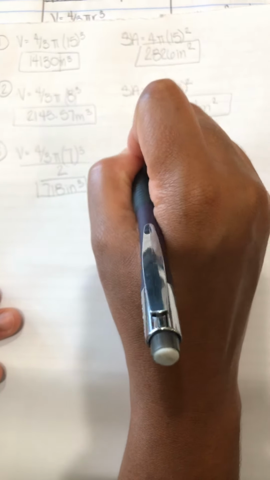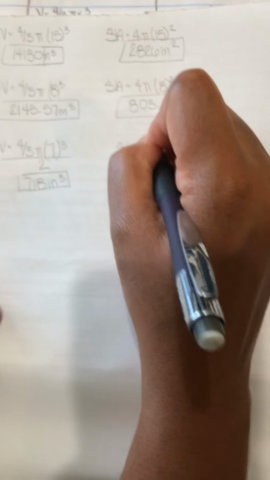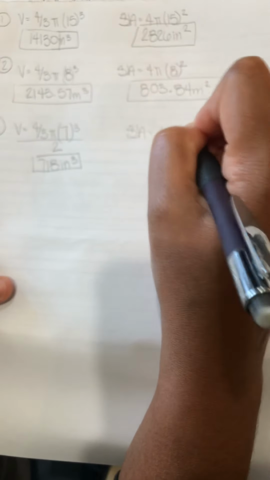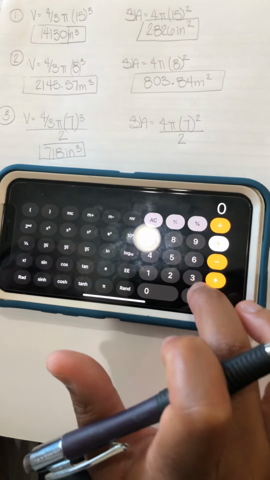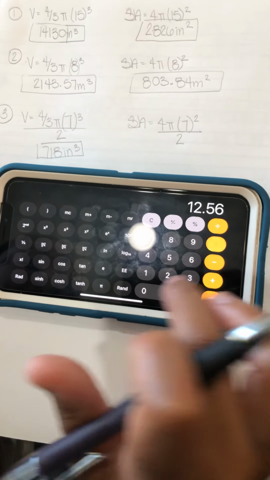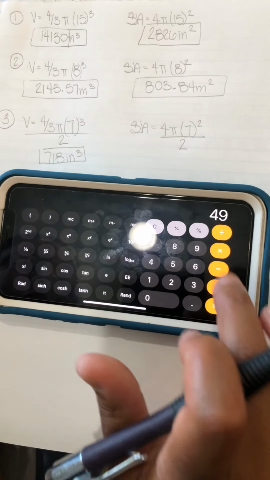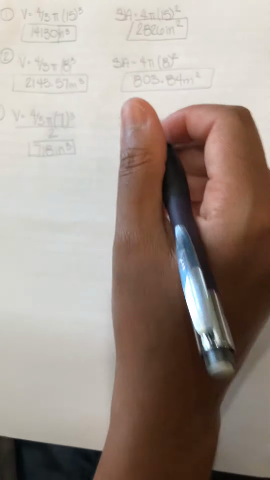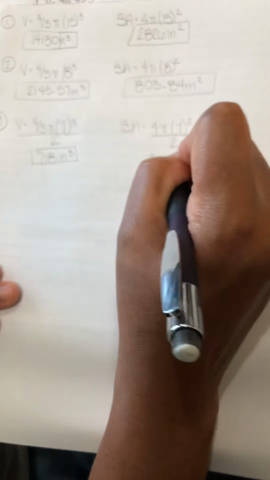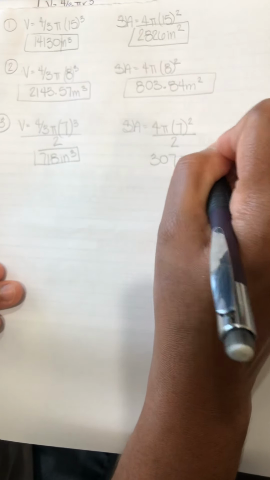All right, surface area, I'm going to do the same thing. 4 pi, our radius was 7 squared divided by 2 because, again, it's a hemisphere. So in my calculator, I'm going to hit 4 times 3.14 times 7 squared divided by 2, and it gives me 307.72 inches squared. And that's my answer.